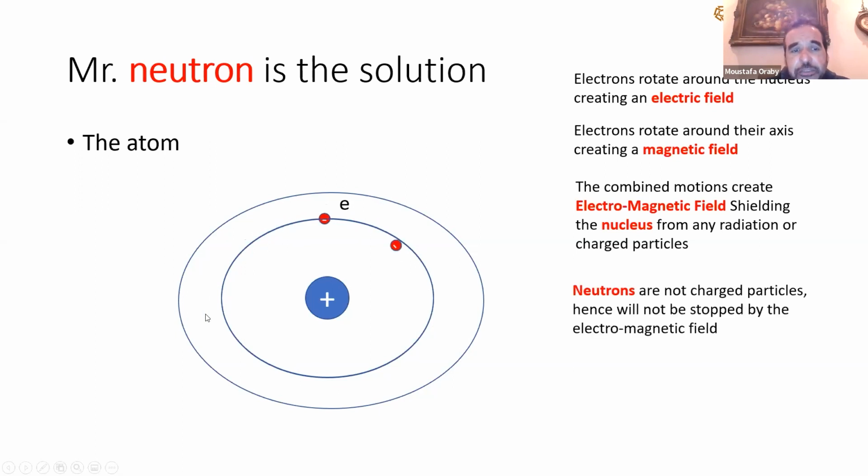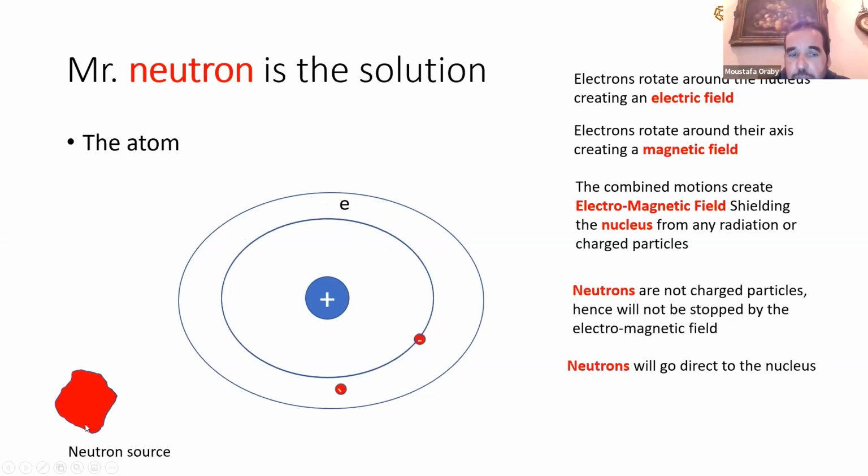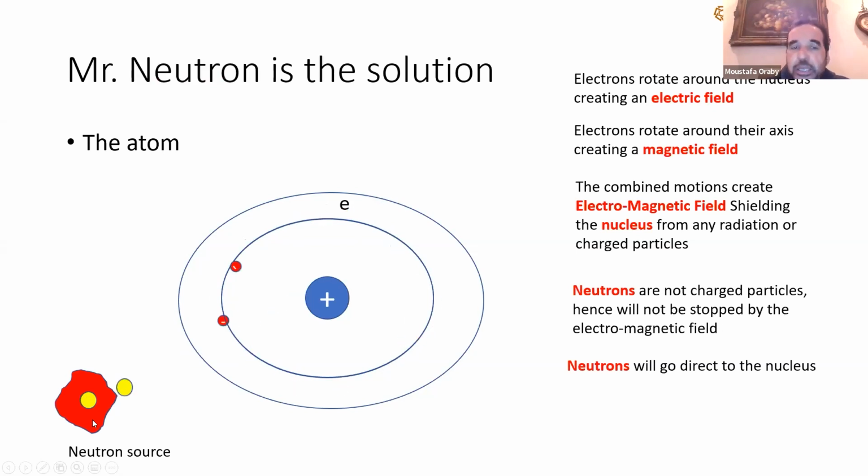If I bring a neutron source here, and the source emits neutrons, the neutrons will get in easier than anything else because they are not charged particles. The effect of the electromagnetic field around the neutrons is not going to happen. So Mr. Neutron can go all the way and interact with the nucleus without very high effort compared to any charged particle.